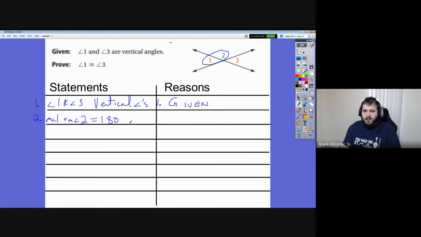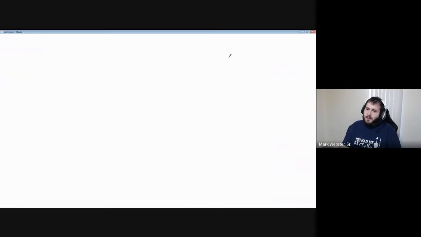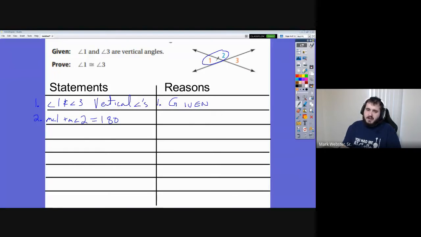And how do we know that that's true? Well, what type of angle pair is this? Isn't this a linear pair? So remember we talked before, this is the definition of what a linear pair is, right?